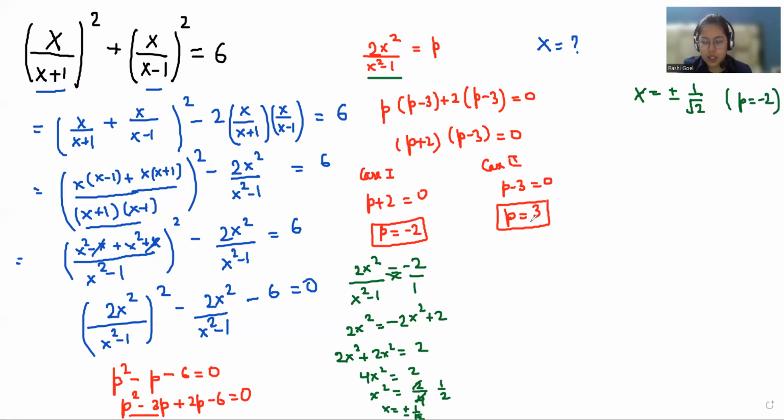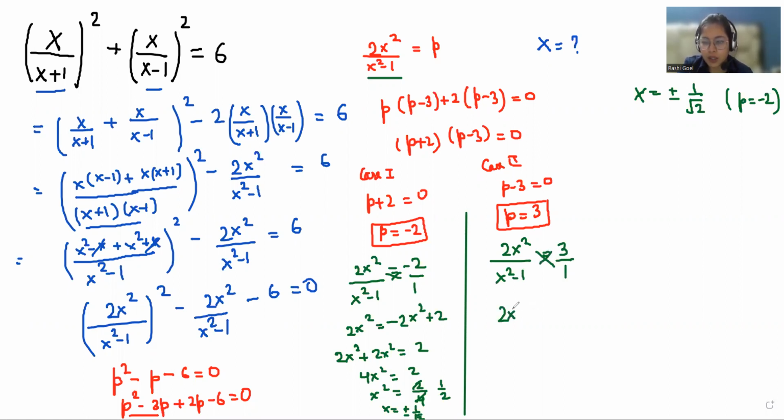Now we come to the case when p = 3. So 2x²/(x²−1) = 3. Again, we consider 1 in the denominator and do the cross multiplication.